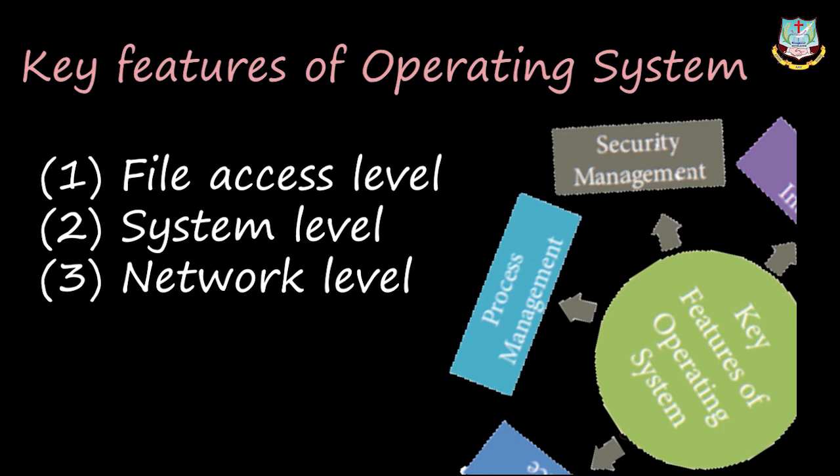File access level means that is an accessing permission. System level security means a password is given in a multi-user environment. In our lab also, if one system is there, many of you have to use it. How will you use it? I'll give the password to the students of this class.